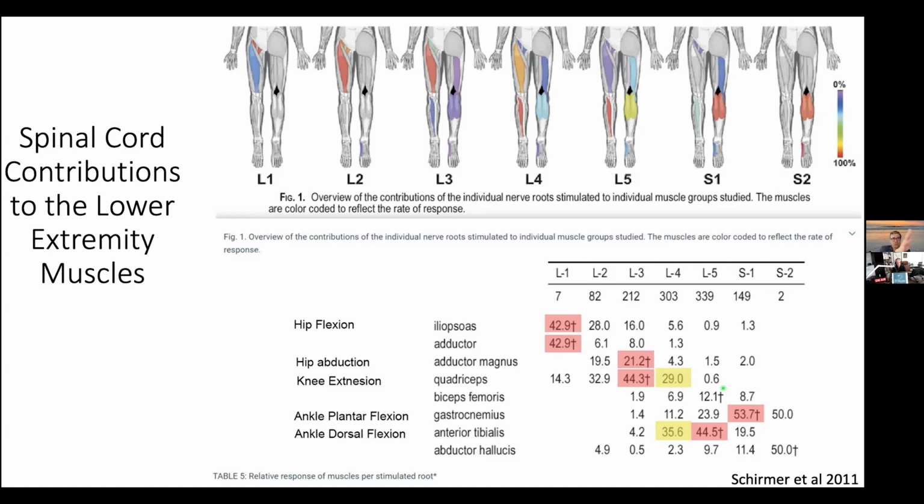And you're seeing the results on this slide here. Again, you can appreciate that even the tiny little abductor hallucis muscles are receiving motor axons from multiple segments. So dermatomes and myotomes both have probably too much overlap to use as diagnostics for radiculopathies by themselves.